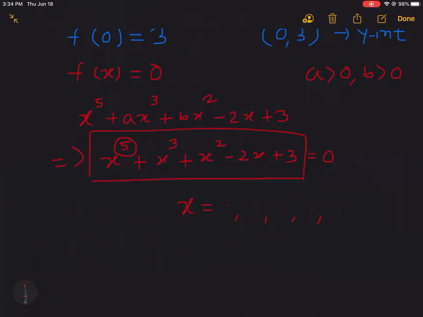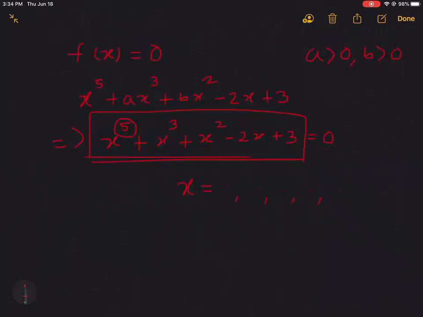Okay, so now, as you can see, it's quite difficult to solve, right? But as we know a couple of other things, we can actually decide how this graph will look when A and B are greater than 0. So if it was x to the 10, there would be 10 values of x. Of course.